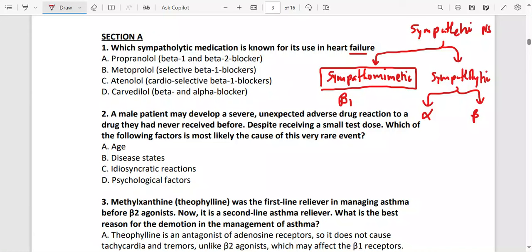Yes, please. Okay, why can't we go for B? Why can't we choose metoprolol? Anyone that can help with that? Hmm. Okay, that is one.